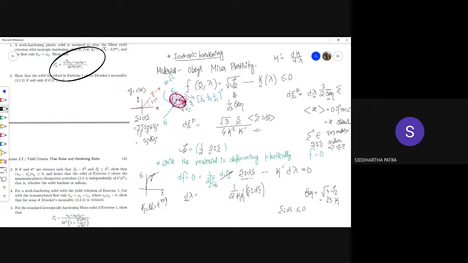And let's say you try to unload. If this is your yield surface and you are at a certain deviatoric stress, and I draw this tangent, then if your ds, let's say this vector right here, makes an acute angle with the direction of s, this dot product would be greater than 0.